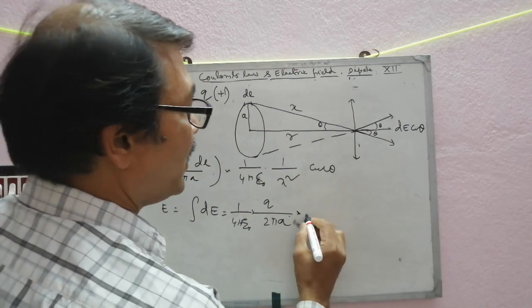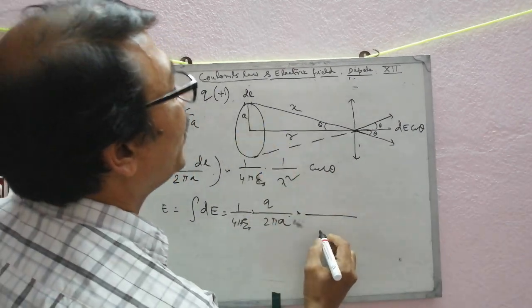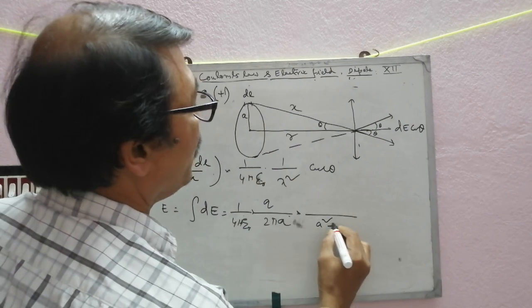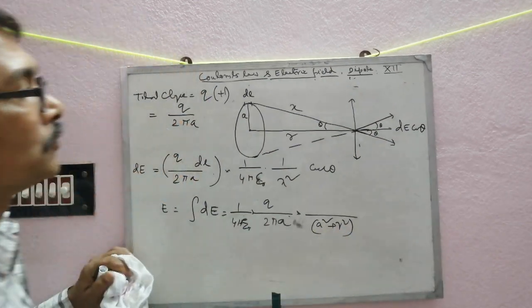The value of x square from here we get root over a square plus r square.